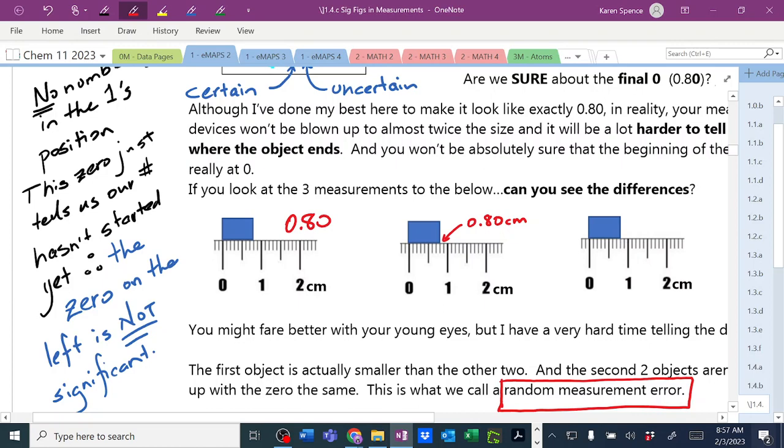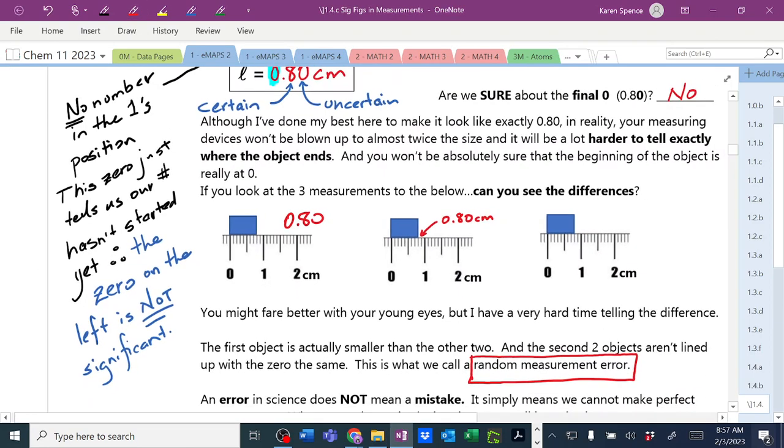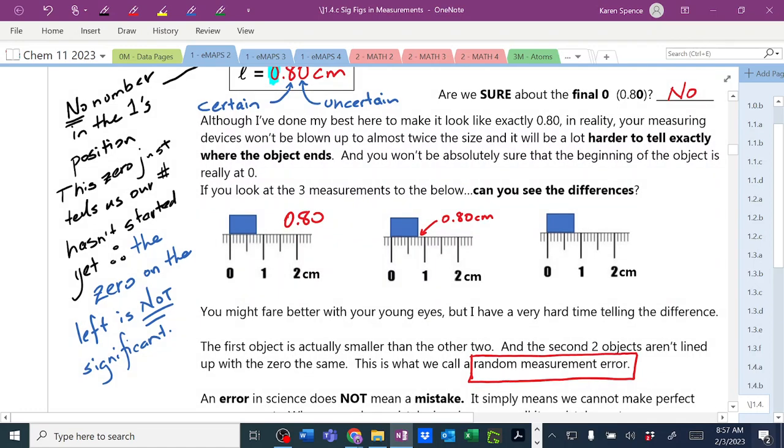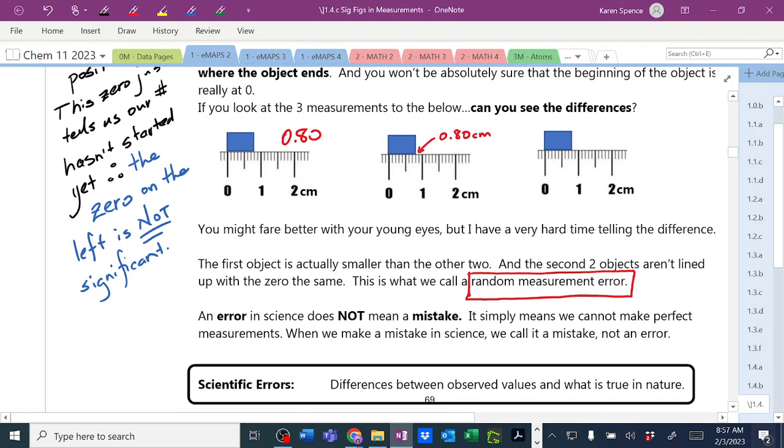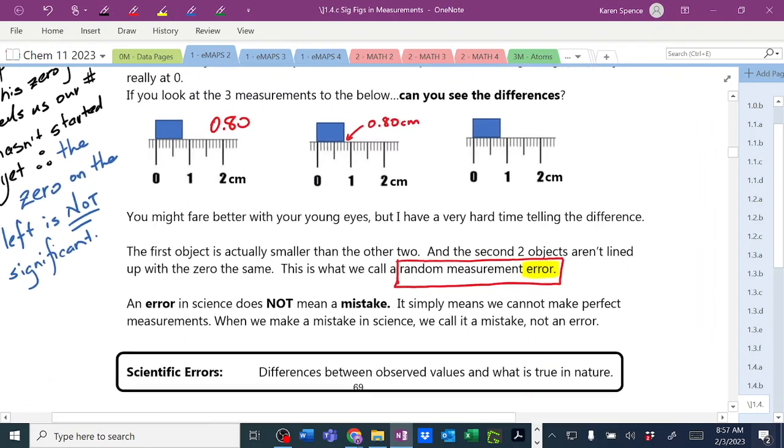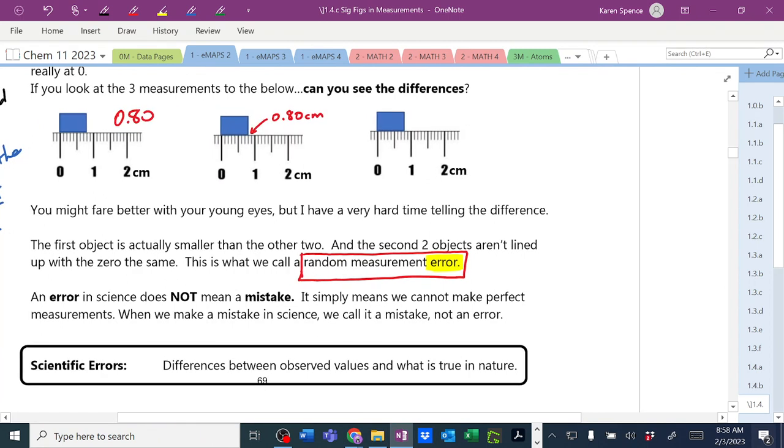And that's just because of the limitations of my eyes. It's because of the limitations of the measuring device. And so that's what in science we call random measurement error. And it's important in science that we make the distinction. Error in science does not mean a mistake. So this is not a mistake.